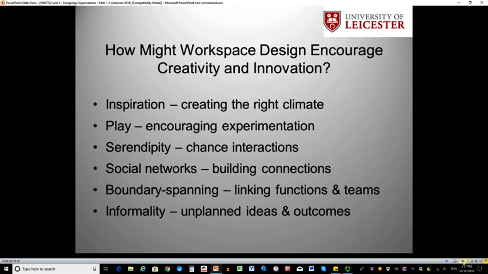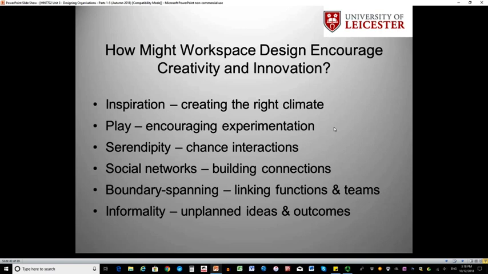But we also need to think about how it, in particular, focuses on creativity and innovation in a bit more detail. So it creates an inspiring environment by reinforcing the climate created by managers. If you're getting a very positive, creative climate created by the organisation, by leadership, you also want a kind of building and workspace that matches that too.